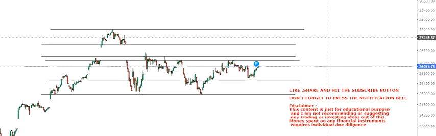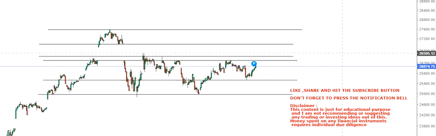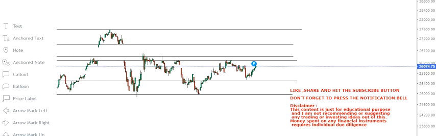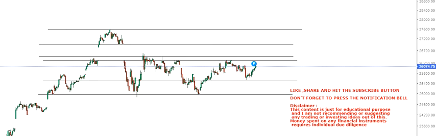Now we are going to check the important support and resistance points, and it's very clear that this chart in the weekly trend has established support and resistance levels.